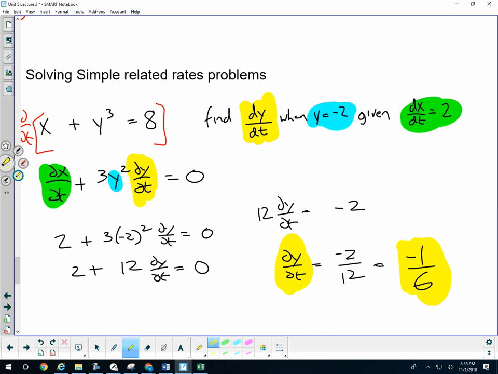Just make sure you plug in all the stuff and see how you got the -1/6. Easy, okay? Plug it in. Solve. Do the next guy.